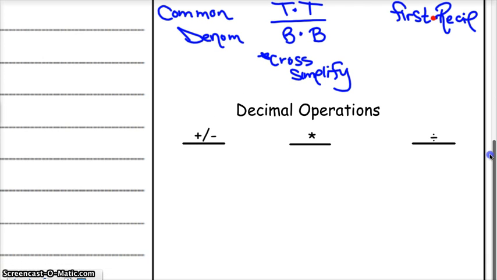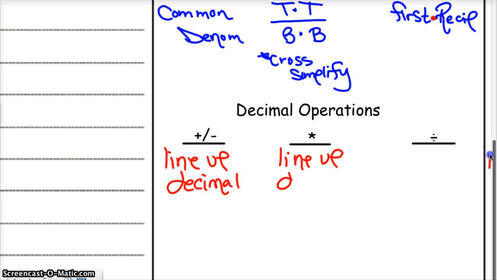Decimal operations. When you add and subtract decimals, you line up the decimal. When you multiply decimals, you line up the digits. Now, a lot of kids typically know what to do with the decimal.